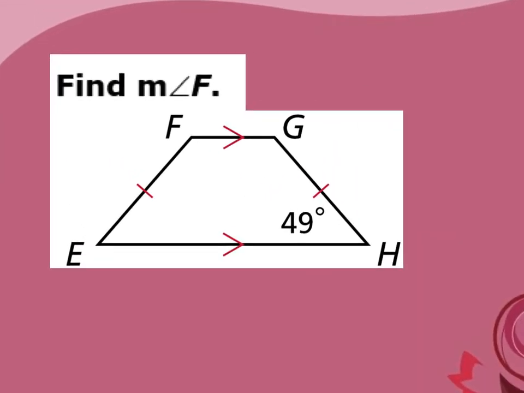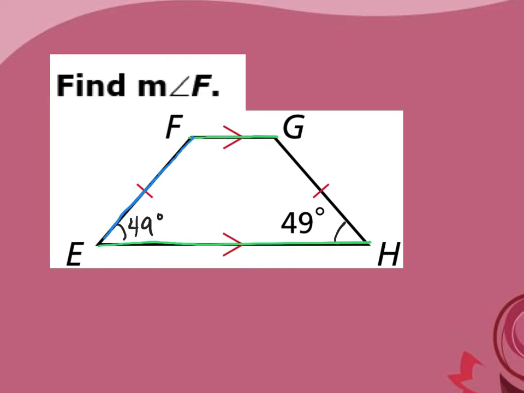Somebody talk to me. Okay, so we know that angle E is 49 degrees because it's another corresponding angle. And then we know that FG and EH are parallel. So put a transversal for EF. Remember, she had a couple of ways she could go.